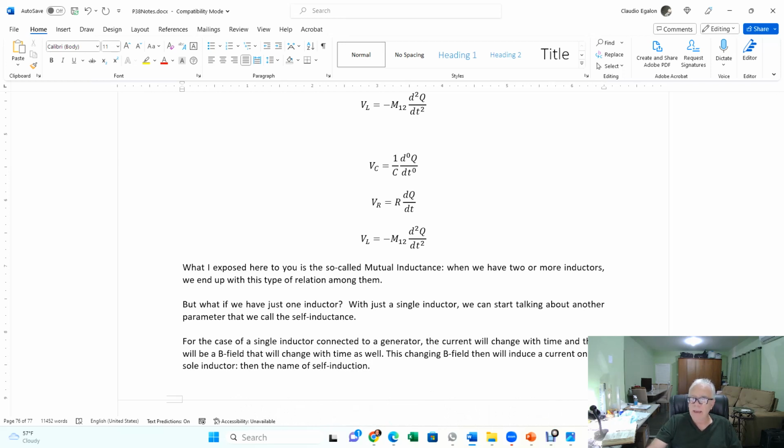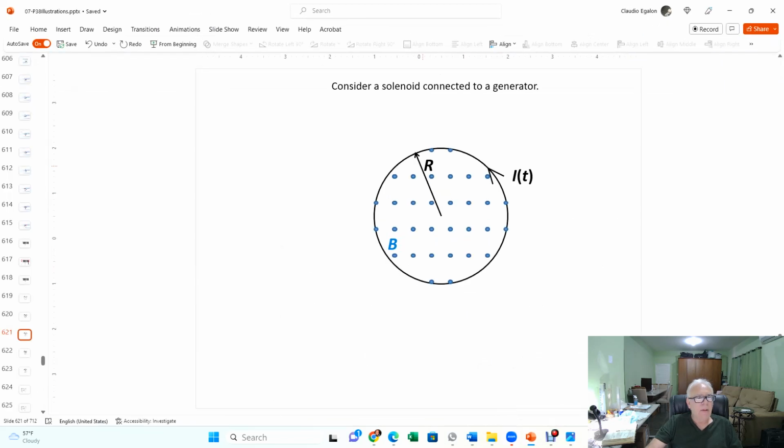And let's see how it looks. Going back to our drawing, this cross-section of our inductor has a magnetic field that changes in time.